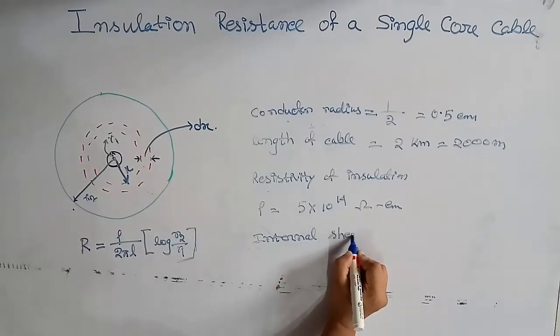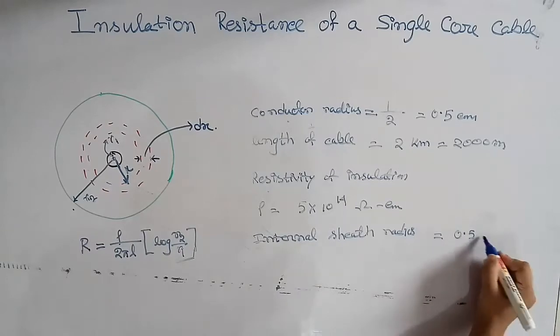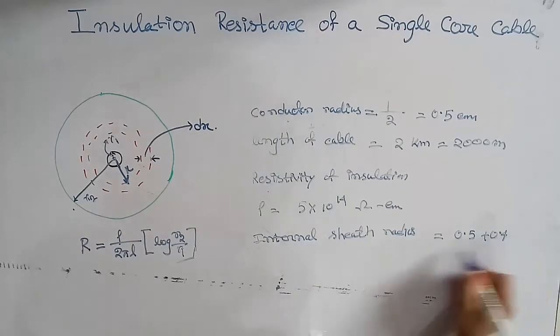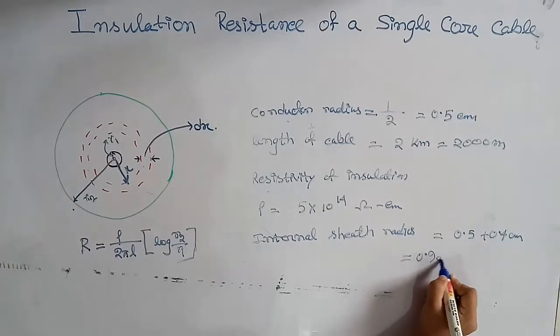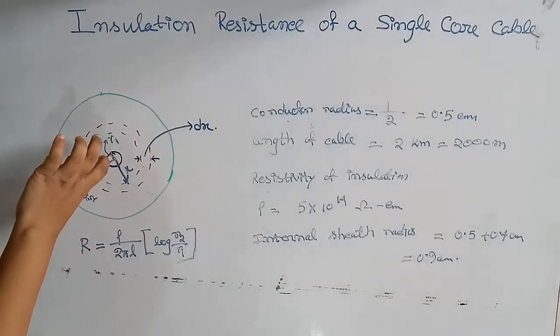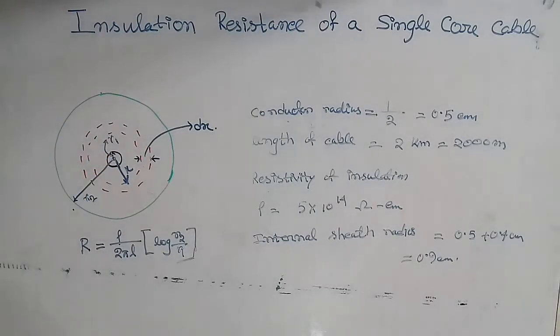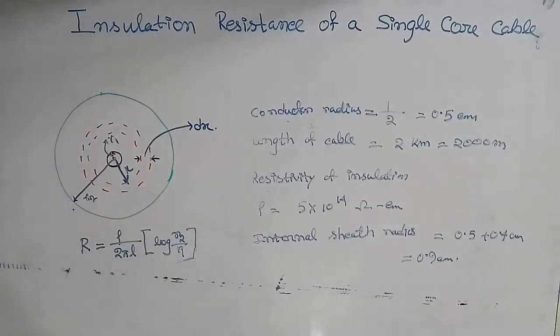The internal sheath radius is 0.5 plus 0.4 centimeter, that is 0.9 centimeter. Why is this? Because the insulation thickness is 0.4 centimeter and the conductor radius is 0.5 centimeter.